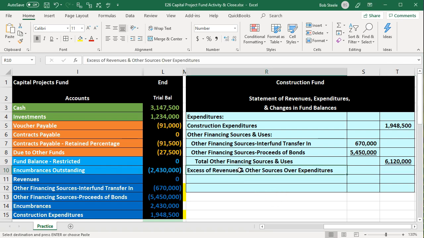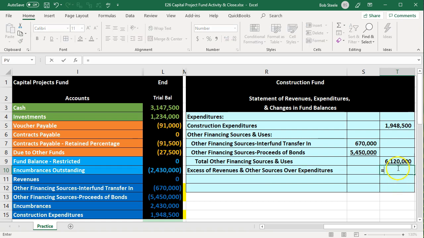And then we have the relatively long subtitle here, which is the excess of revenues and other sources over expenditures. The reason we have to have this is because unlike an income statement, we don't just have revenue and expenses. We've got these other sources and uses, so the subtitles get really long. In essence, we're just going to take this amount minus this amount.